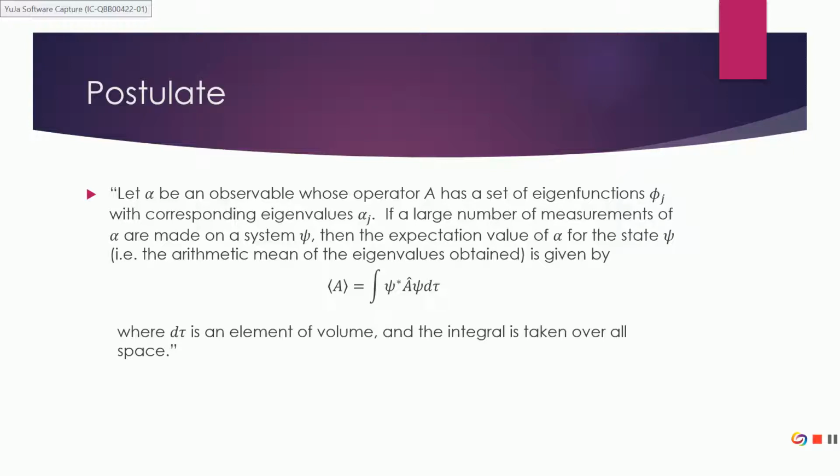If a large number of measurements of A are made on a system psi, then the expectation value for A for the system psi, i.e. the arithmetic mean of the eigenvalues obtained, is given by the function, where d, I don't know if it's supposed to be r or tau, is an element of volume where the integral is taken over all space.